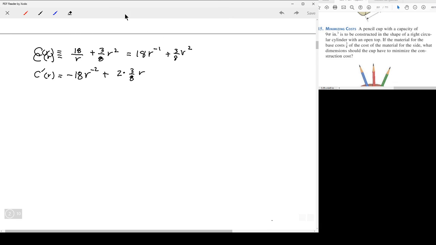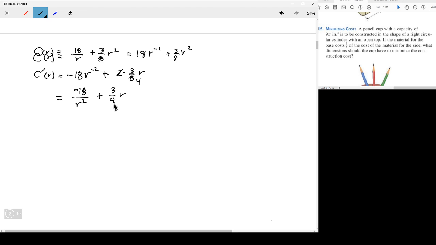All right, so I can reduce this, right? That's going to be a 4. And I can bring that back down. So this is going to be minus 18 over R squared plus 3/4 R.